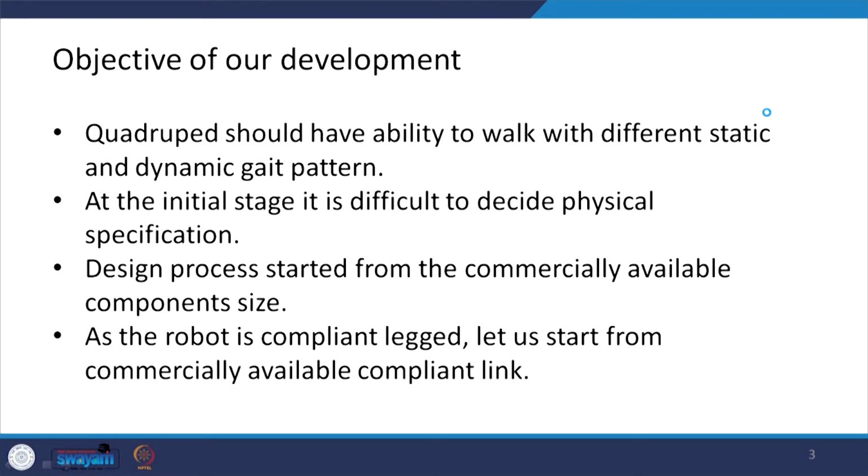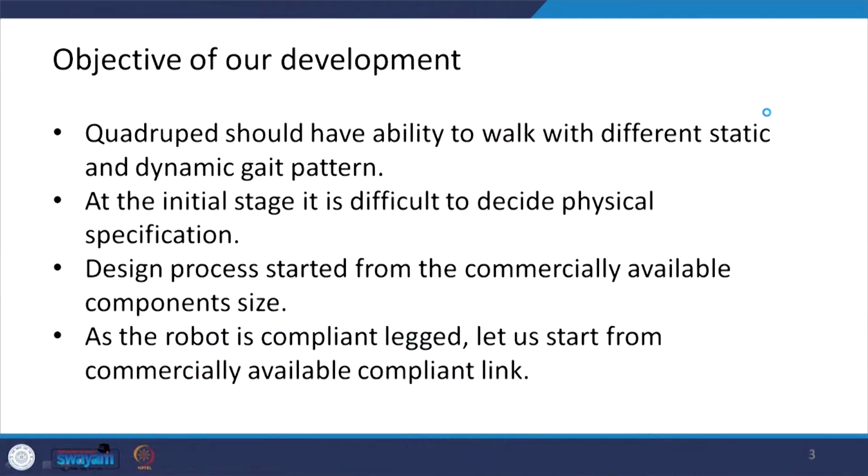Why I am taking this example is that after learning all the various mechatronics components, actuators, sensors, microcontrollers, digital control, analog control, all these aspects, the ultimate aim of any mechatronic system design is the development of a mechatronic product. And this legged robot is a very good example of that mechatronic product.